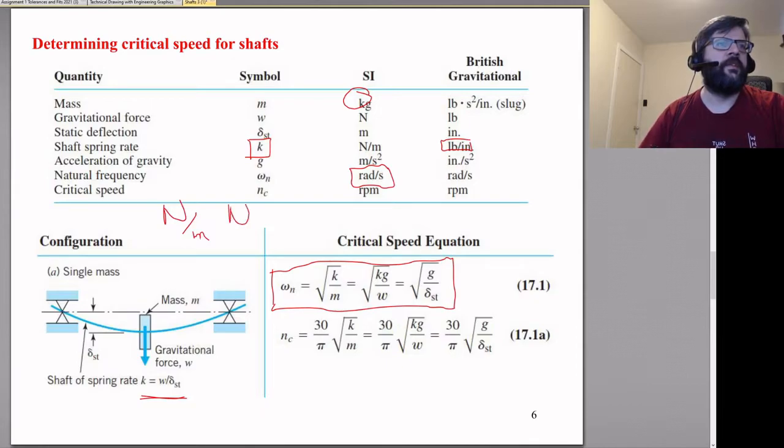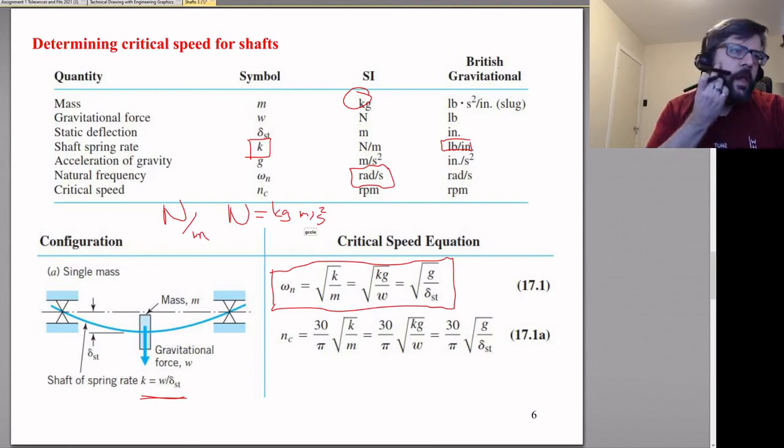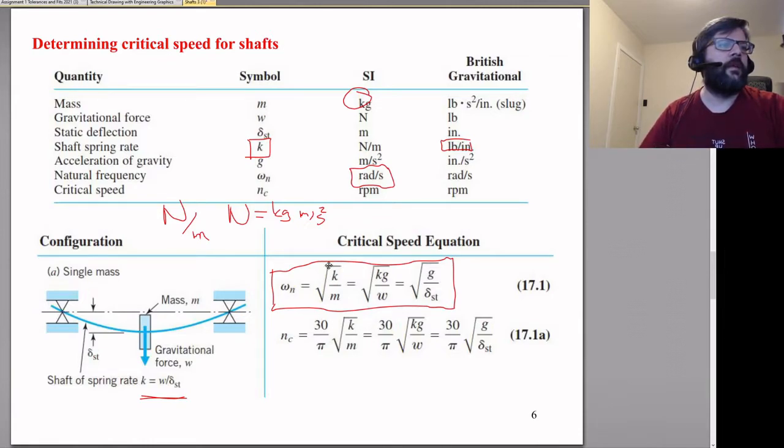A newton is a kilogram meter per second squared, so the units for K are kilograms per second squared, and then dividing by M cancels.